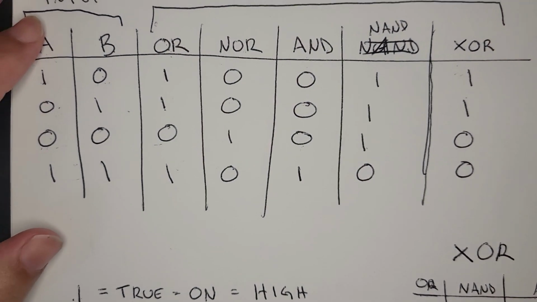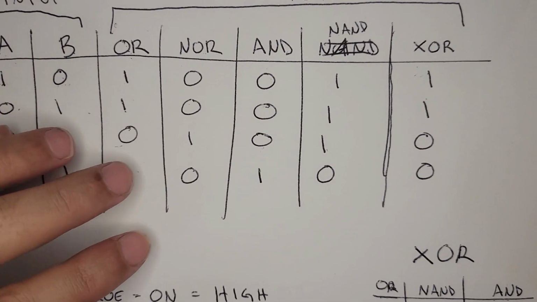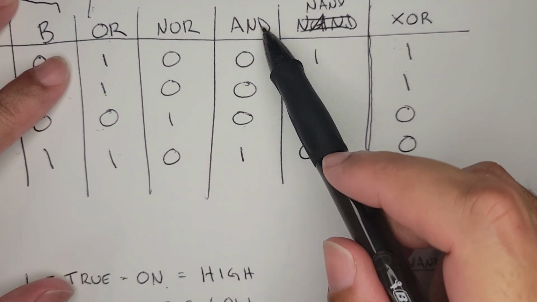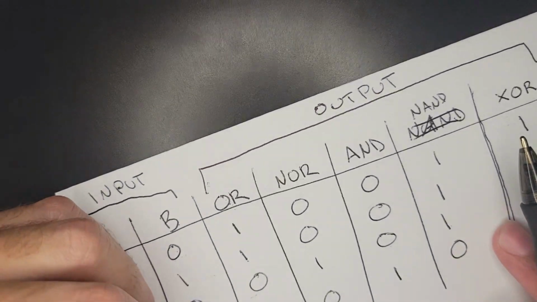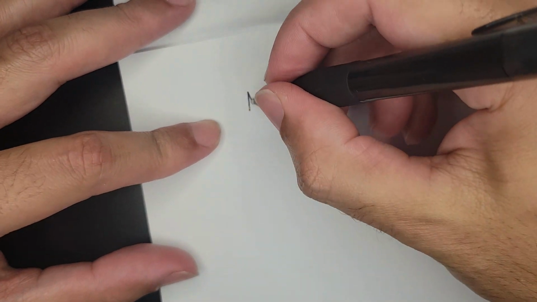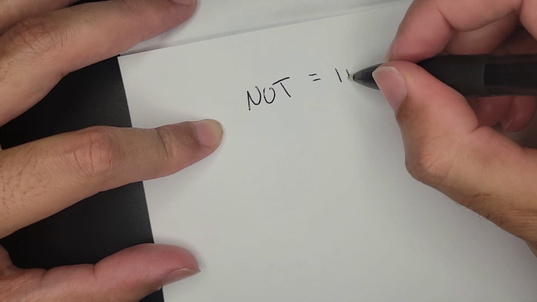All right, so now I will start with OR, I guess. There is technically one other thing that I should write here, and it's kind of assumed with these, and that is the inverse, the NOT. So NOT is the same as inversing.